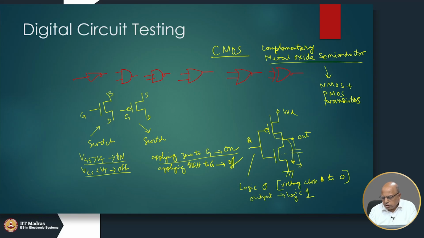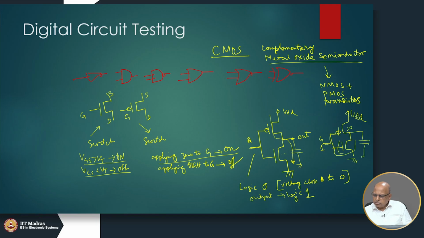So, a low here or a logic 0 here will cause the output to become 1, whereas if we did the other way around, suppose I apply a logic high, that means a voltage very close to VDD, the gate voltage for the PMOS is high, therefore the PMOS will turn off, whereas the NMOS will turn on.